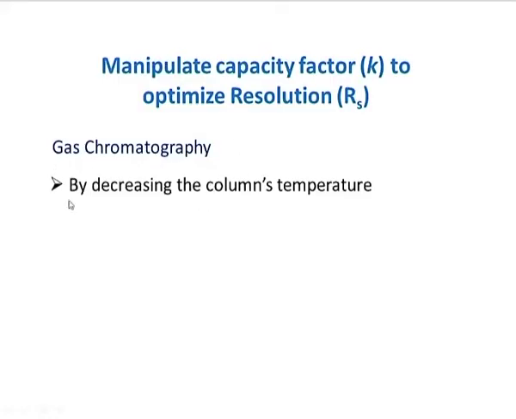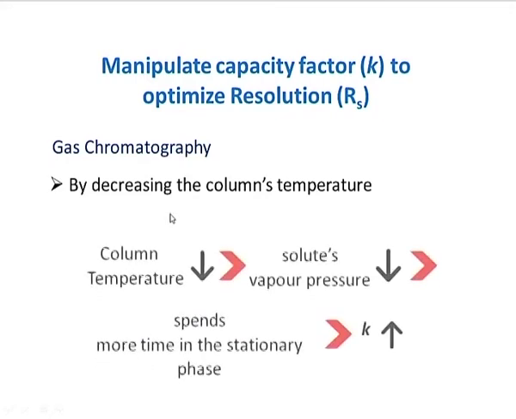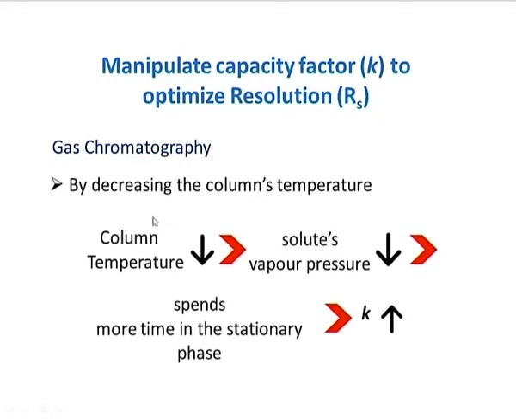In gas chromatography, the way we do it is by decreasing column temperature, because when you decrease column temperature, the solute's vapor pressure will also decrease, and it would tend to spend more time in the stationary phase, and effective capacity factor for all the peaks will increase, right.